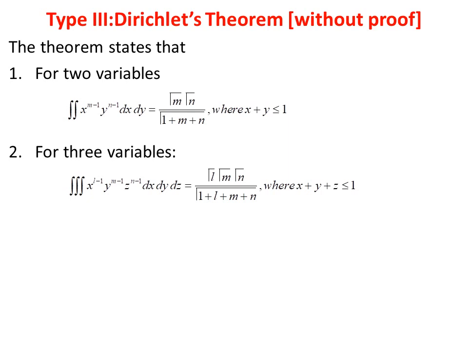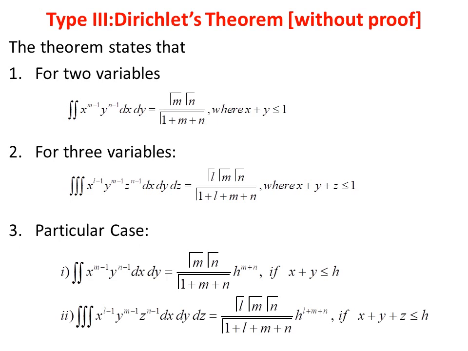So this condition is very essential. Also the format of the integrand is essential. If these two conditions are satisfied, then we can note down the evaluation of the triple or double integration in terms of gamma function directly. So this is our Dirichlet theorem, which we use without proof in problem solution.